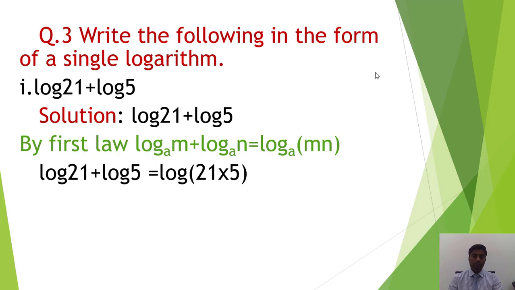That is, the sum of two logarithms can be written as the log of product of two numbers. So we have log 21 plus log 5 is equal to log 21 multiplied by 5.